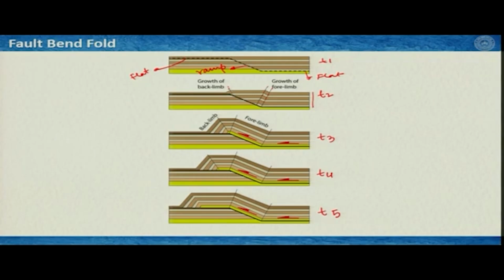Then it also has to adjust at the back side, so this is known as the back limb. With time it propagates, the forelimb expands, the back limb also develops, it achieves a topographic elevation, and finally a fold-like feature appears. And this is the process by which we form the fault bend fold.